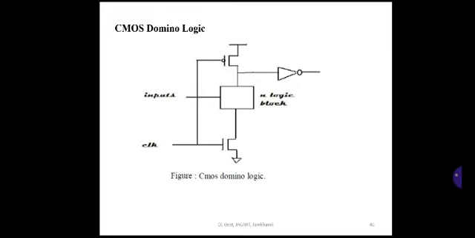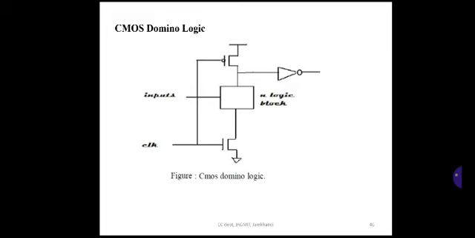For the dynamic CMOS logic, at the output side an inverter is connected. This arrangement is called CMOS domino logic. So there is an N logic block along with precharge and evaluate phase. Then for the output we have connected an inverter.